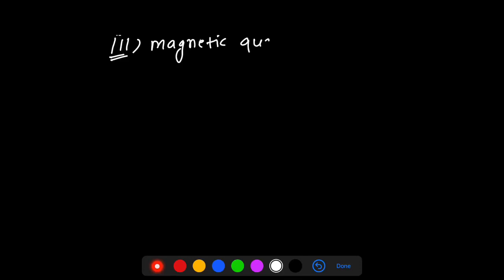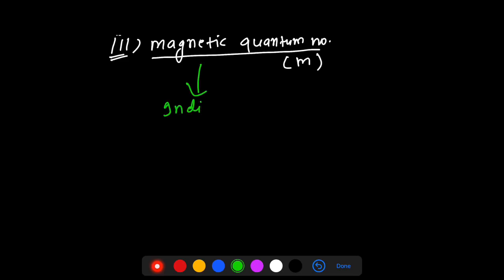The third quantum number is the magnetic quantum number. Now, the magnetic quantum number will be denoted by m. What does it denote? What is the use of the magnetic quantum number?